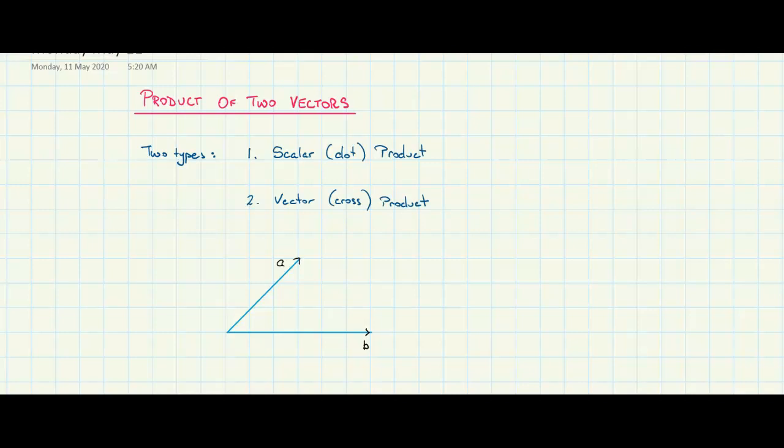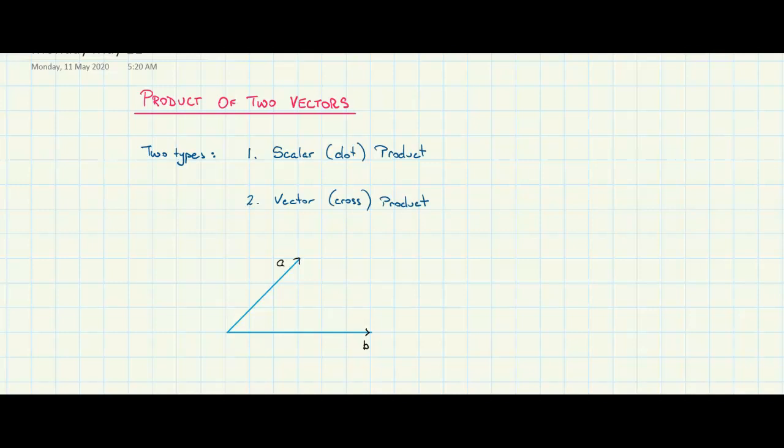The scalar product is a measure of parallelness. It gives you a quantity that represents how far two vectors go in the same direction, and I'll show you in a moment with A and B here. Whereas the vector product gives you a measure of how two vectors are related in a perpendicular sense.